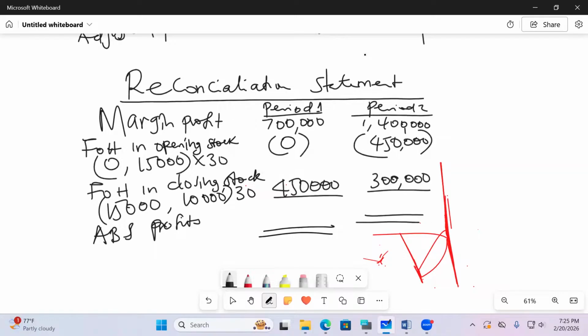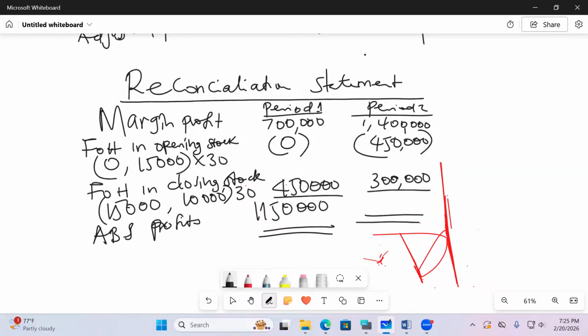So this will be 700,000 minus 0 plus 450,000. That will end up giving us what figure? 1,150,000.